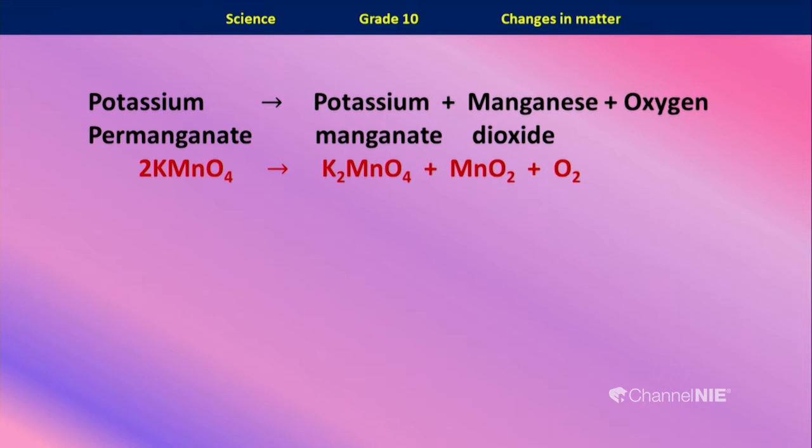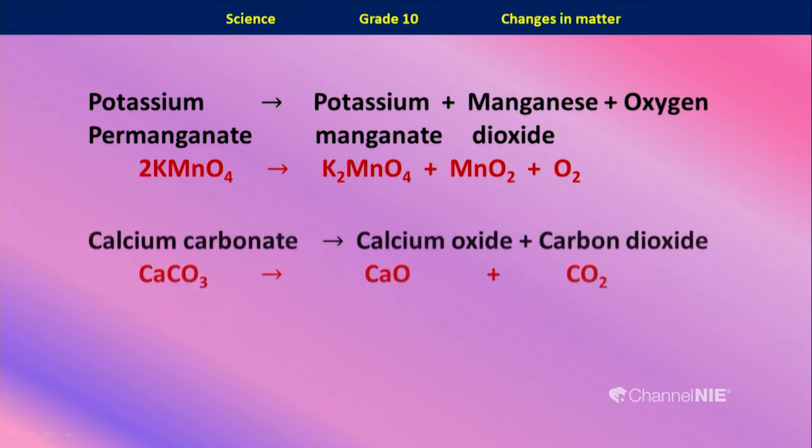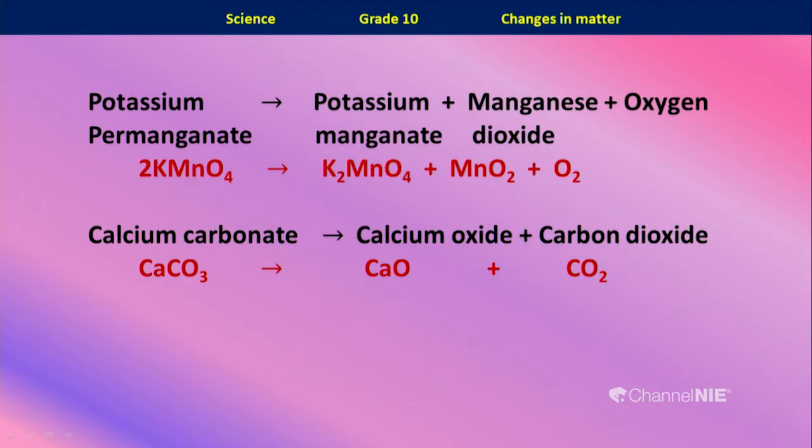That means a single compound converted into a number of products. Look at this one. Calcium carbonate. When we heat calcium carbonate, it forms calcium oxide and carbon dioxide.